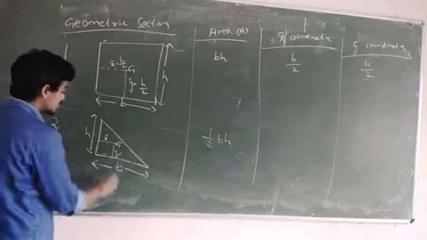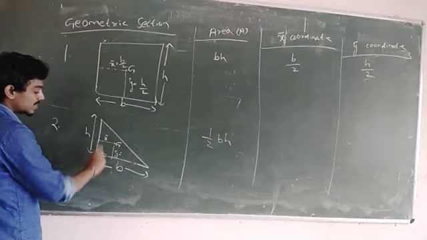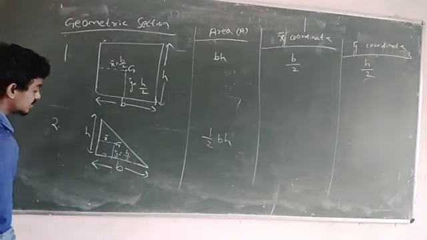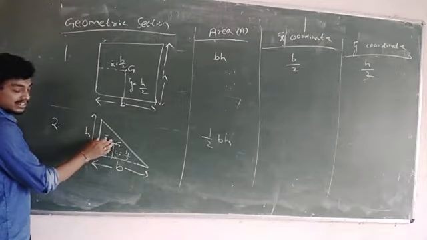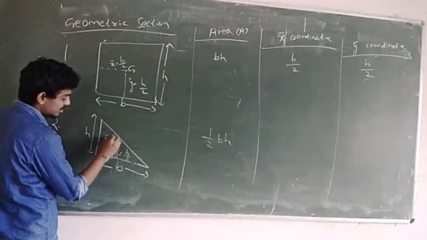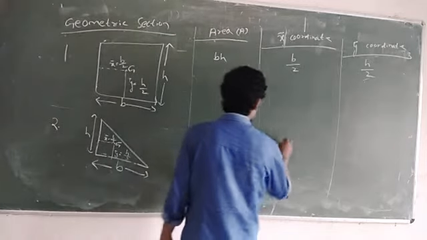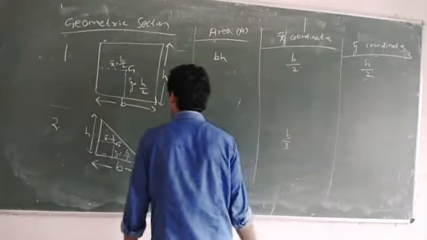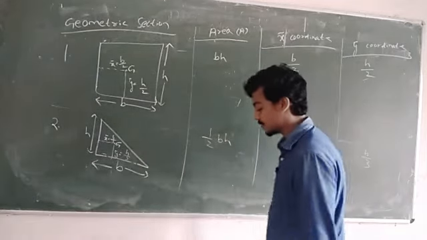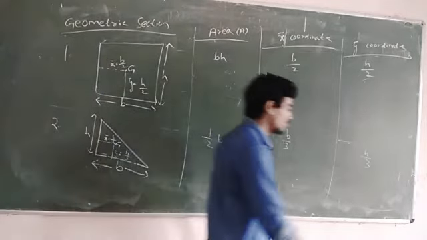You have to remember this will be 1/3 of the height. So y bar, with total height h, is h by 3. Similarly x bar is 1/3 of the total base b, so b by 3. So x bar is b by 3 and y bar is h by 3. Okay, over. Next we'll move to the next section.